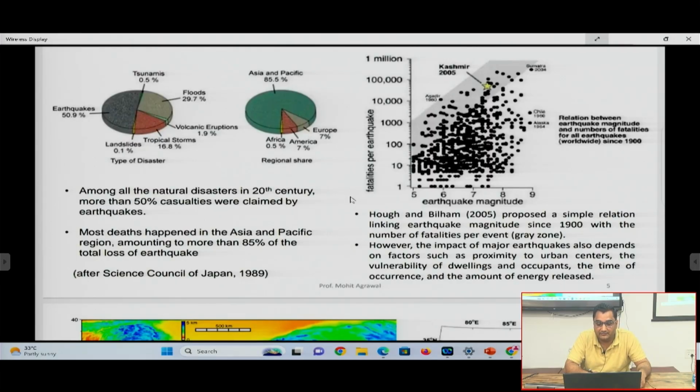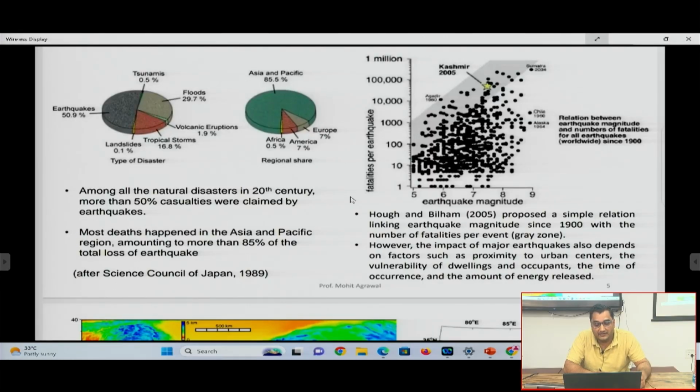So you can see more than 50% casualties in the 20th century happened due to the earthquakes only. And if you look at the second pie chart, most of the casualties happened due to the earthquakes. Around 85% out of them happened in Asia and the Pacific region, just because the engineering design of the constructions were poor.